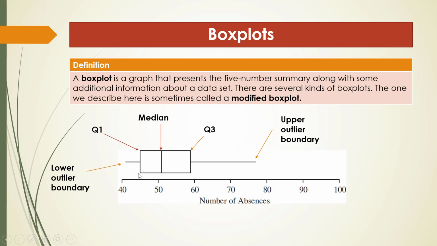Then we draw a vertical line at Q1, another at the median, and another at Q3, then finish the box. The last step is to draw the whisker line, a horizontal line starting at the lower outlier boundary and finishing at the upper outlier boundary, and make sure this line lies in the middle of the box. So that's how we construct a boxplot.